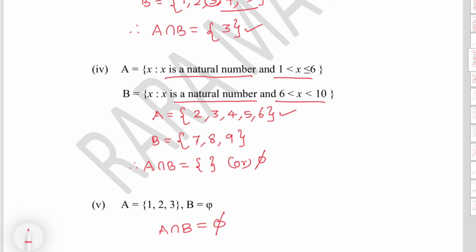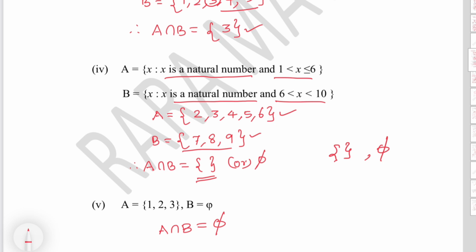Therefore, set B is 7, 8, 9. Now we observe that no element is common here. Therefore, it's an empty set. There are two ways to write the empty set: either you put two curly brackets without any letter, or you just put the symbol phi. So A intersection B is an empty set.